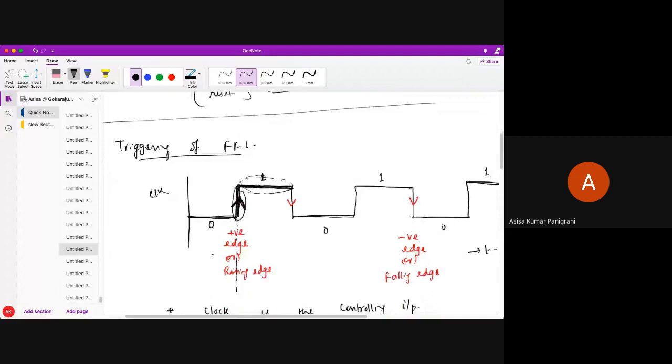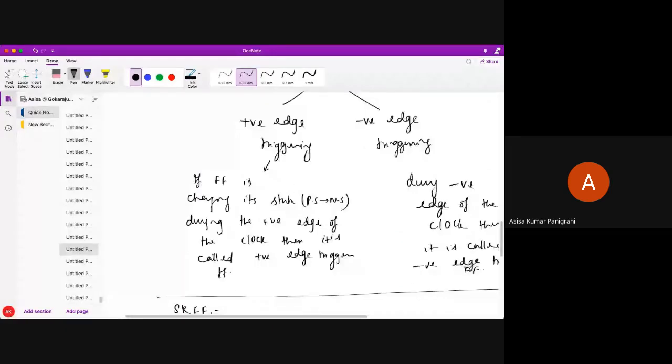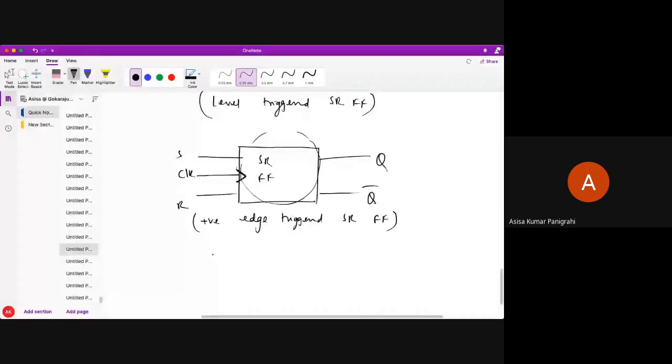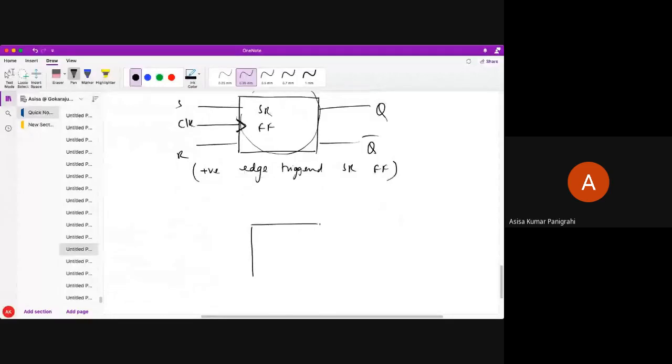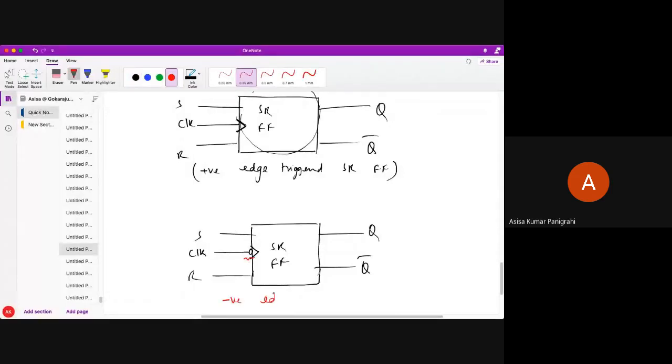Next. Another SR flip-flop symbol looks like this. This is my SR flip-flop, S and R, and the clock pulse with a bubble and an arrow, Q and Q bar. The bubble suggests that it's a negative edge triggered SR flip-flop.